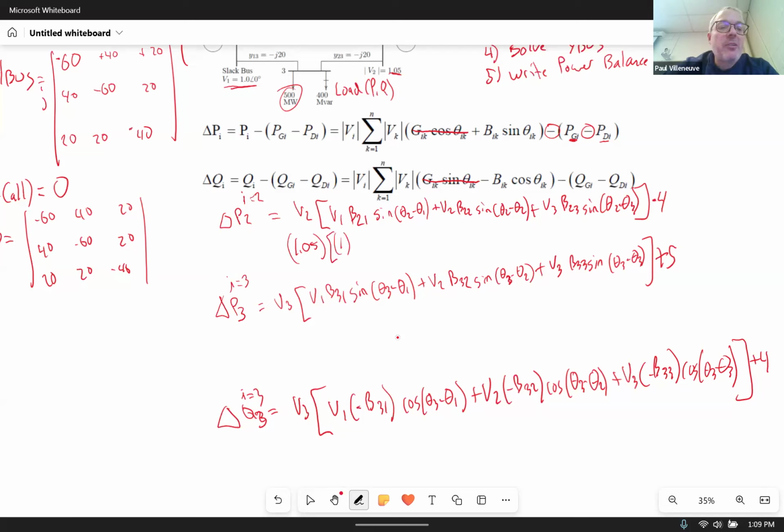Now I'll substitute in for B21. That's 40. Now I have sine theta 2 minus theta 1. Well, theta 1 is always equal to 0. So that becomes sine theta 2 plus V2, which is 1.05, B22, which is minus 60.